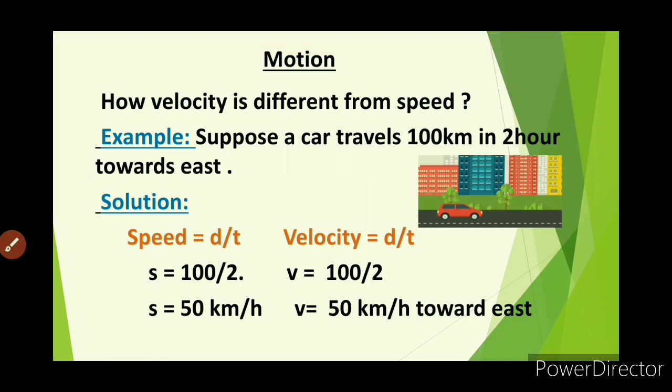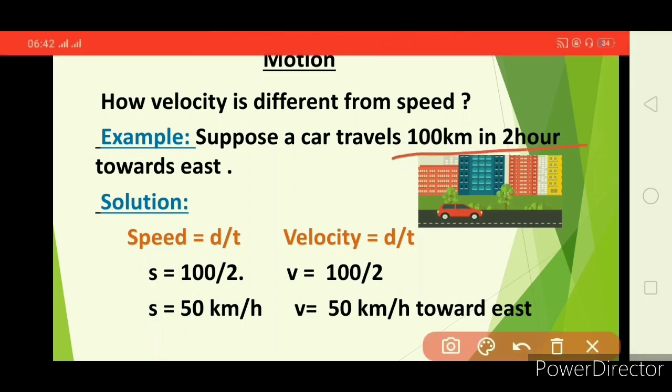Now we know how velocity is different from speed. What is the main difference between both of them? Example, suppose a car travels 100 km in 2 hours towards east. Here we have distance given, time given, and also direction given.